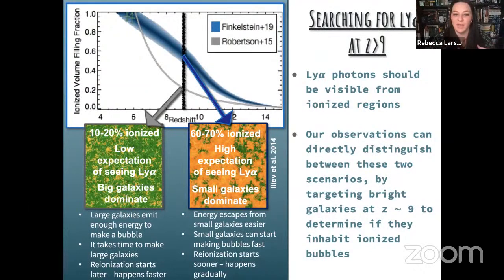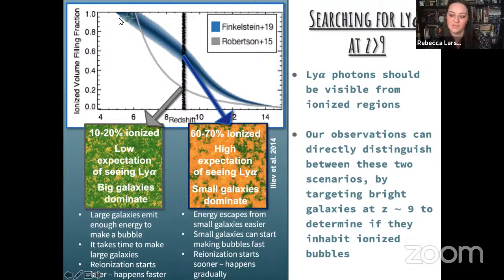You need a large galaxy to emit a lot of radiation, and so you need time to build up a large galaxy. You have this gray curve here from Brandt's work, where big galaxies start later but ionize the universe faster to meet up with our observations at redshift 6.